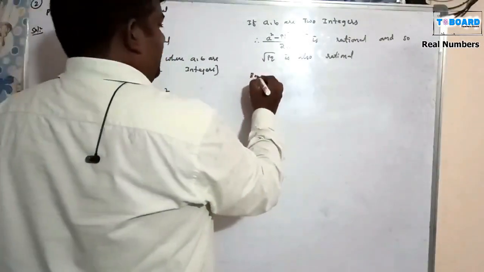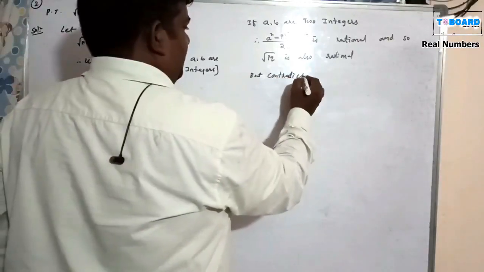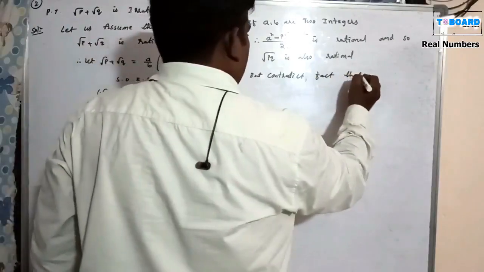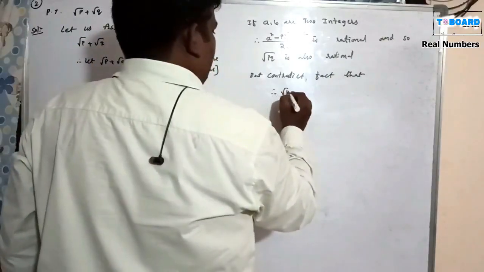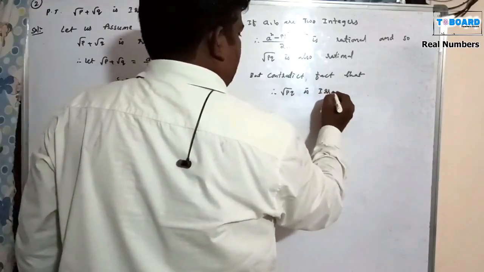But this contradicts the fact that root pq is irrational.